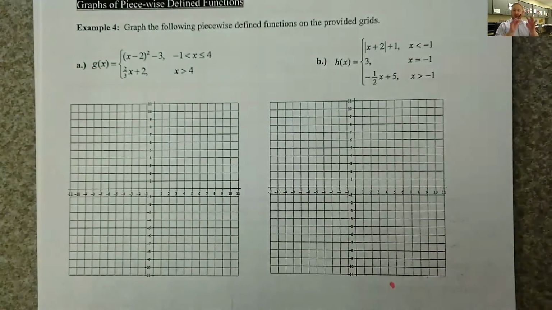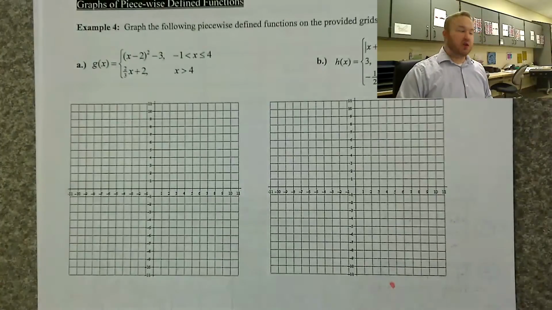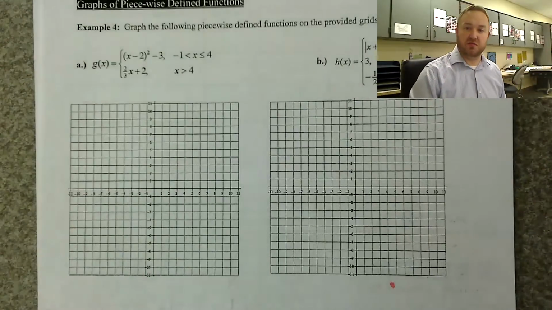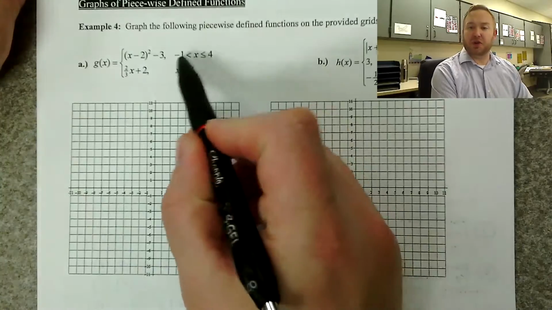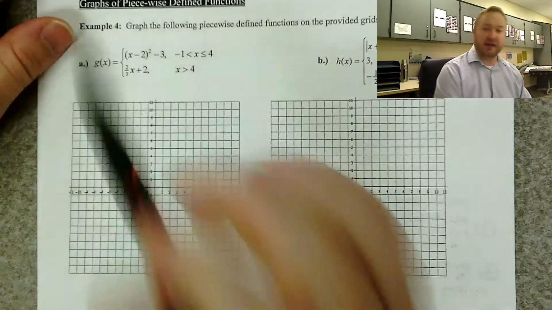So you're going to have 2 different pieces graphed on the same graph, depending on what the x coordinates are. I have my own little method that I teach for this, which makes it pretty simple. I always want you to plug these border numbers straight into that piece.